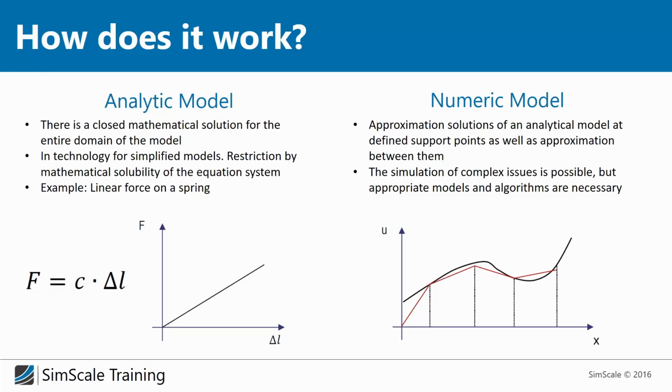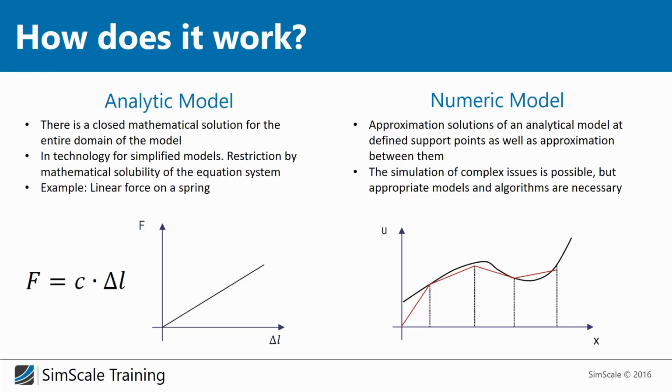The basic definition of an analytic model is that there is a closed mathematical solution for the entire domain of the model. And in the real world, it means we can only use it for very simplified problems, since for most physical principles like heat transfer or fluid momentum transfer, we have equations which describe these effects, but we cannot solve them.